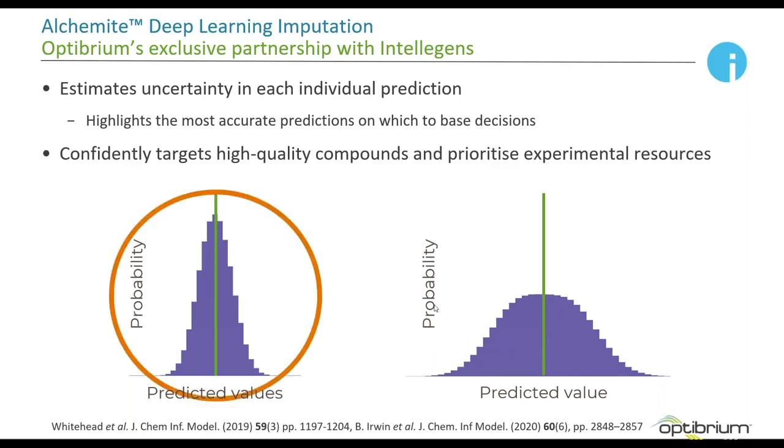However, in cases where the distribution is sharp, it reflects a prediction that is generated with high confidence. In this way, we can highlight the most confident predictions that reflect the most accurate results, and we can use the estimated uncertainty to target the high quality compounds. In cases where the model is less certain about the predictions, we can use that information to prioritize experimental resources.